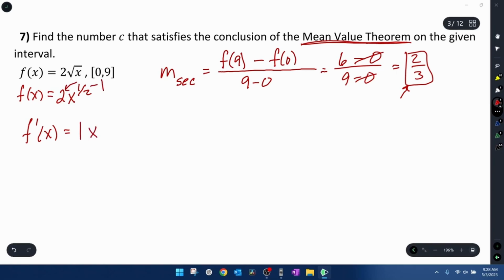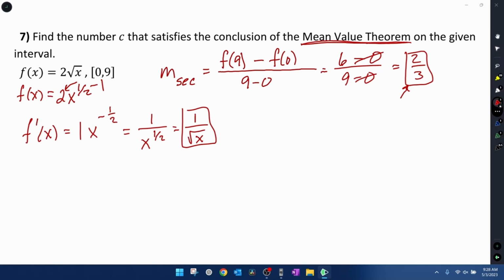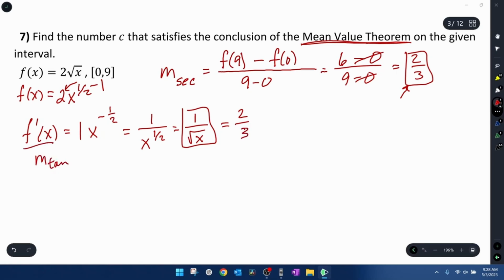X to the 1/2 minus 1 is negative 1/2, which is the same as 1 over x to the positive half, which is the same as 1 over square root of x. So this is our derivative. Remember, we need this to be equal to the slope of the secant. Derivative is the slope of the tangent.